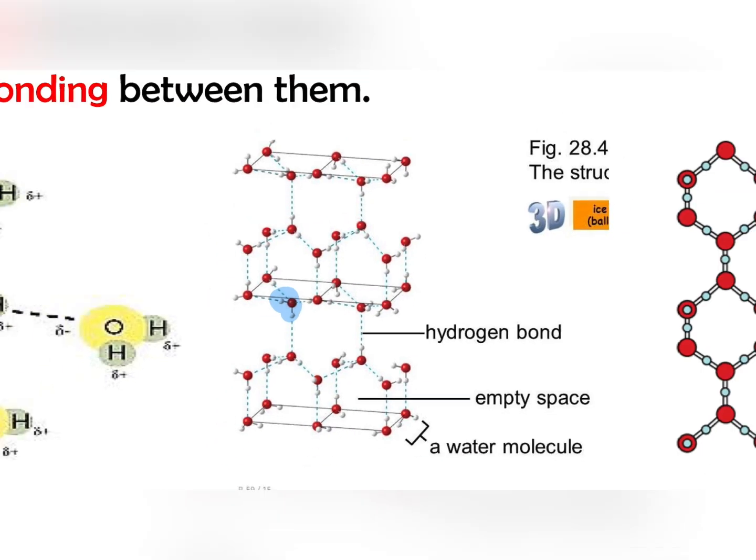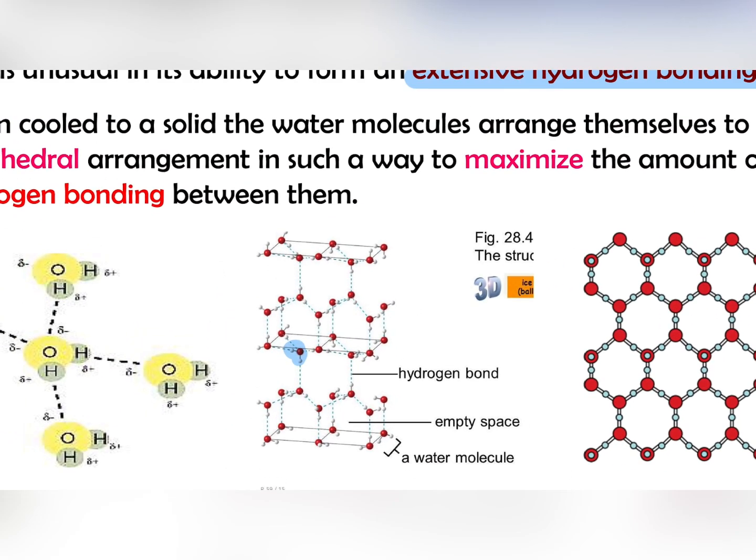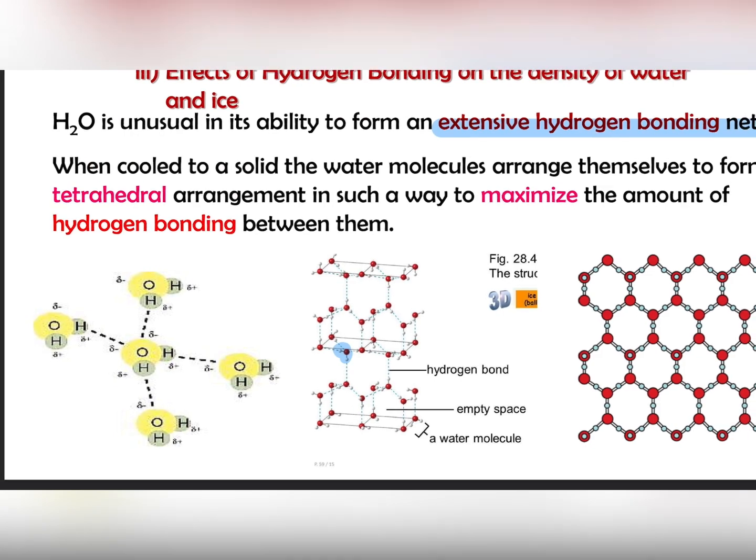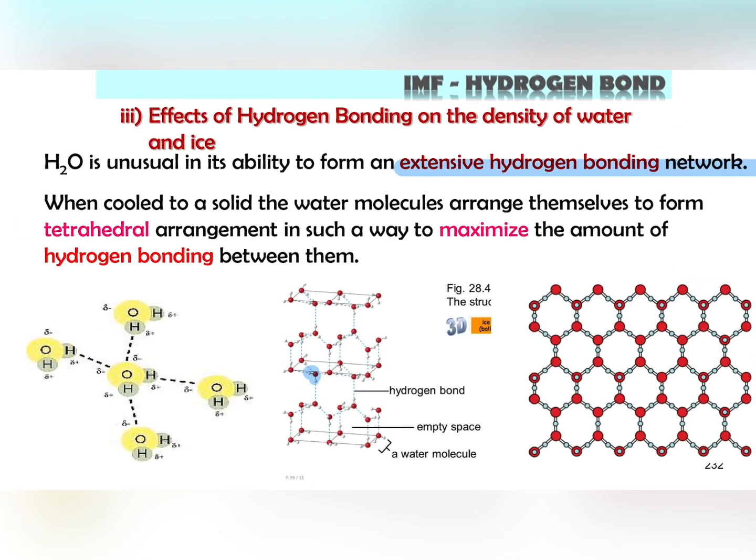So bila banyak-banyak molekul susun with that arrangement, okay, so tujuannya apa? Untuk maximizekan the amount of hydrogen bond between them. Okay, so lama-kelamaan dia akan membentuk satu ruang di bahagian tengah ni. So this empty space yang kita panggil sebagai open space, right?